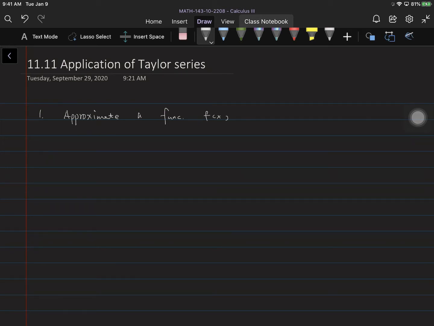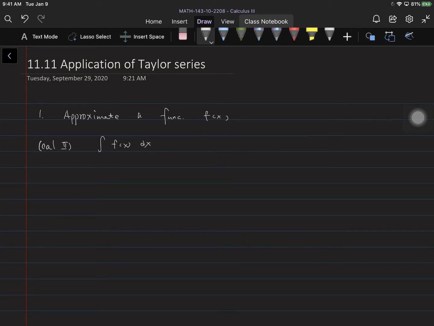For example, in the future, when we evaluate an integral of a function in calculus 2, we evaluate some kinds of functions by using some techniques, right?